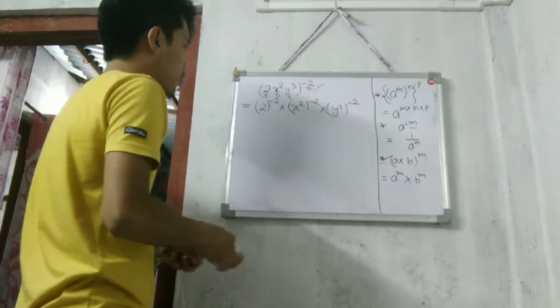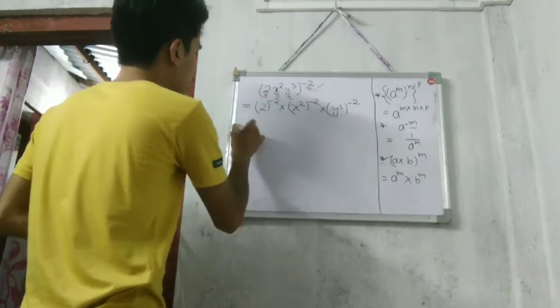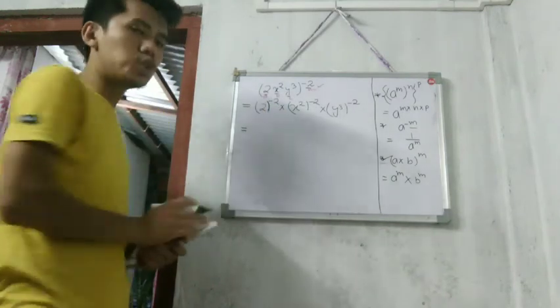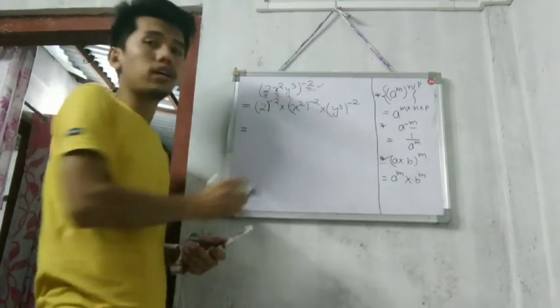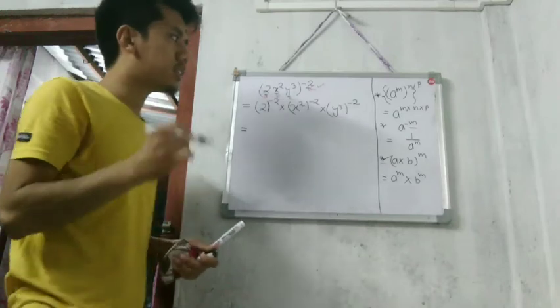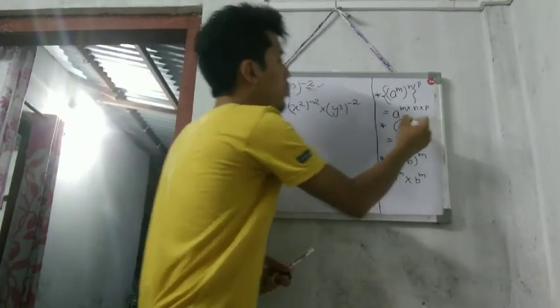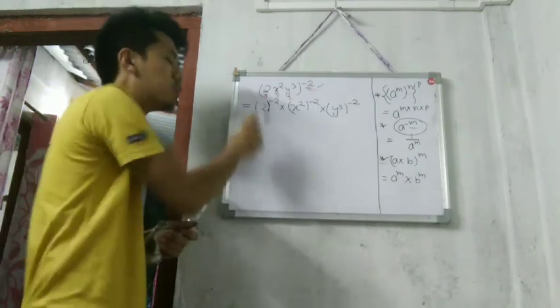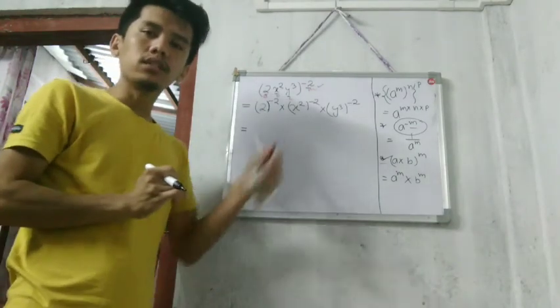So now what can we do here? See, the base is 2 and the power is negative. As I said just now, when we have any number with a negative power, it will be 1 by the base.